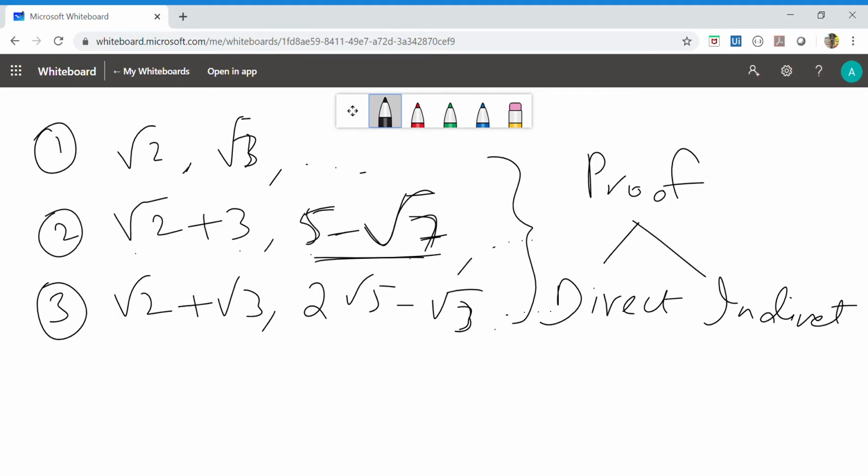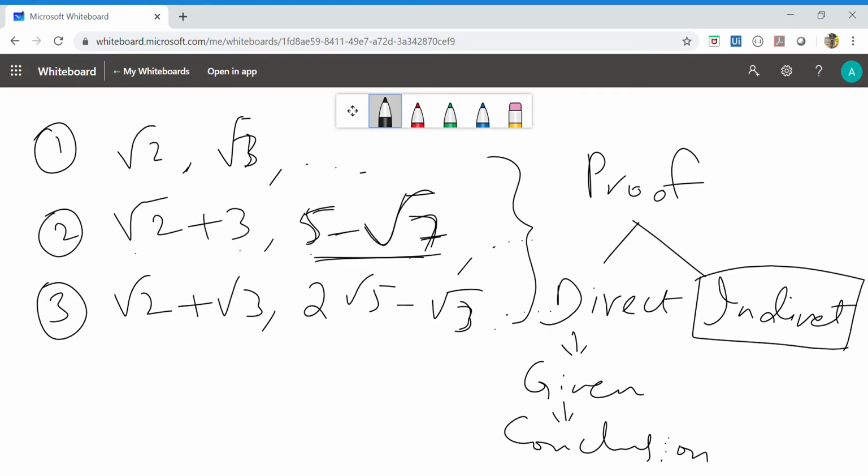In the direct method of proof, we take the given statement and write the reasons for every statement and we get a conclusion. Whereas in the indirect method of proof, we assume the contradiction to the given statement, whatever statement we have to prove, so that automatically we get a false statement against a generalized truth.